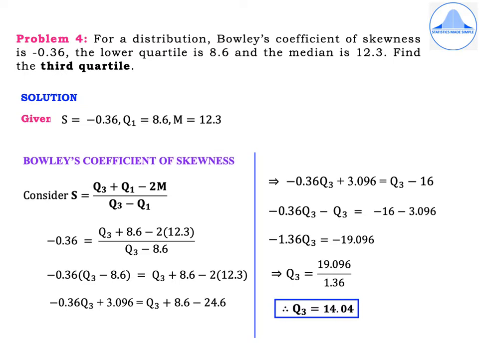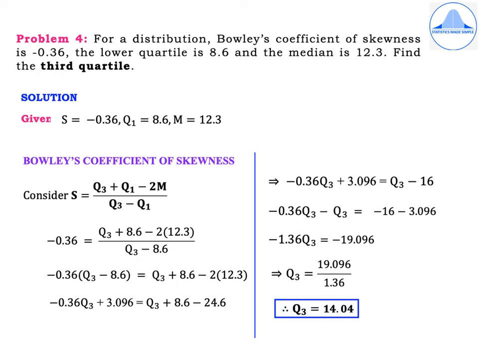On simplification, you get minus 0.36 Q3 plus 3.096 equal to Q3 plus 8.6 minus 24.6, which implies minus 0.36 Q3 plus 3.096 is equal to Q3 minus 16.